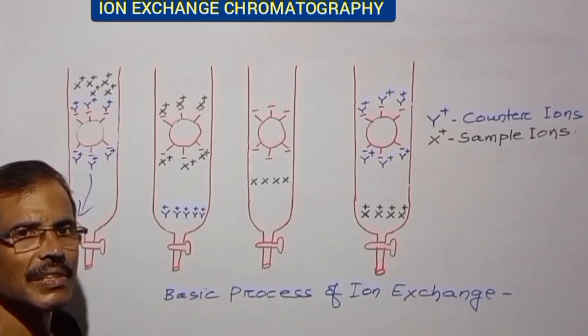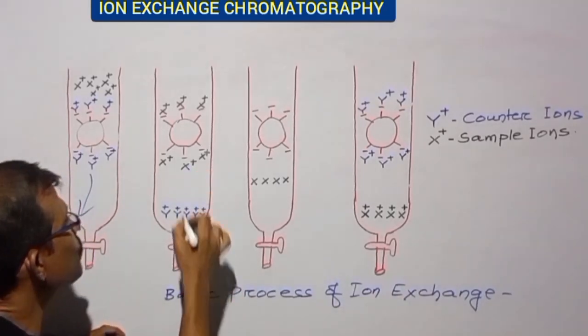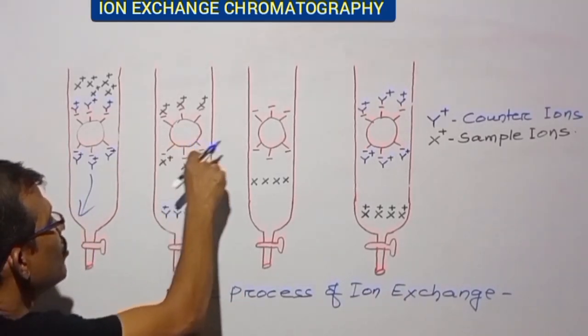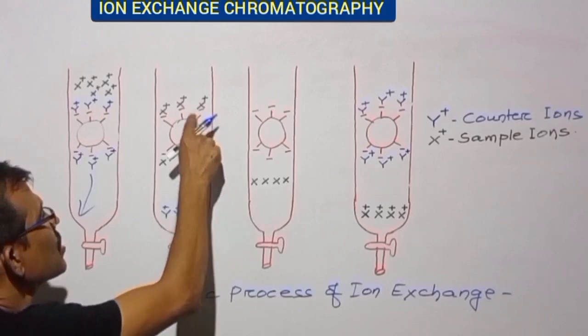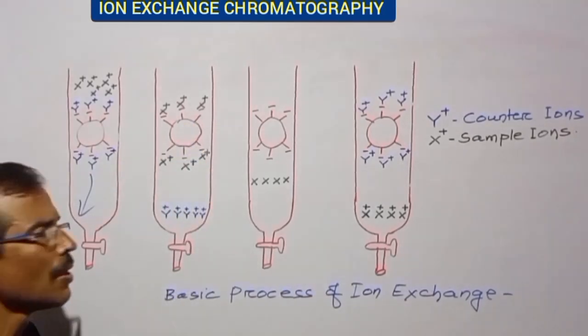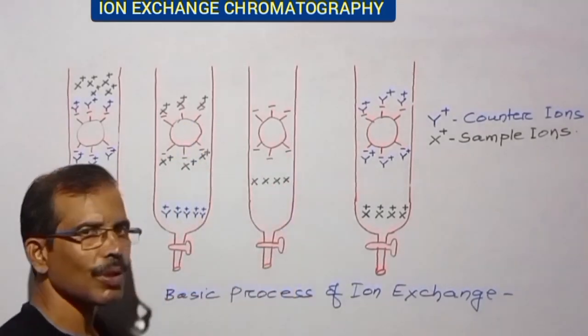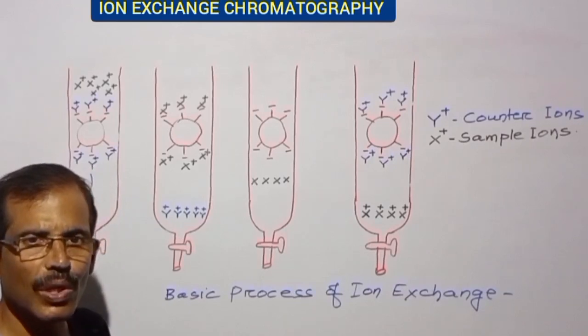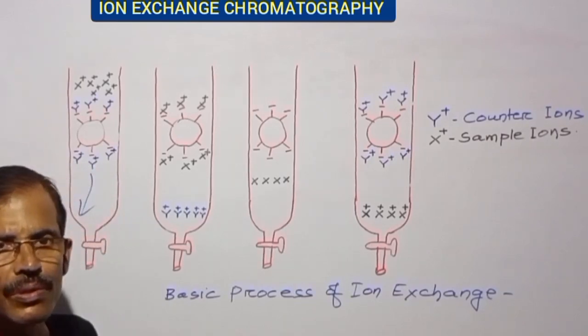In one case, the charged compound X+, which is bound to the exchanger by electrostatic force of attraction, can be eluted out of the column by using a buffer solution of greater pH.